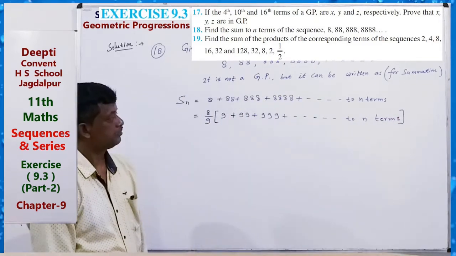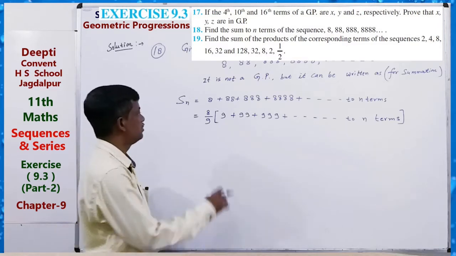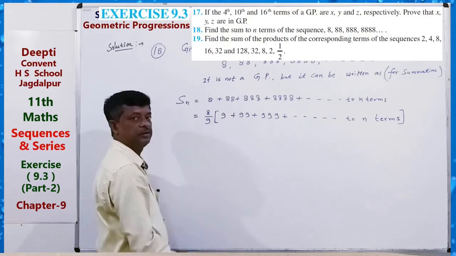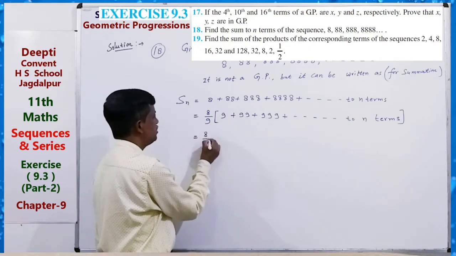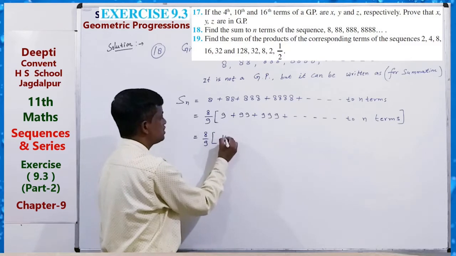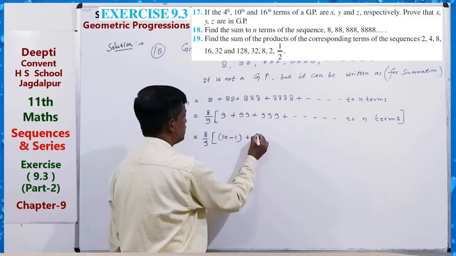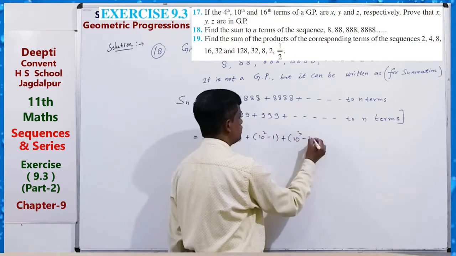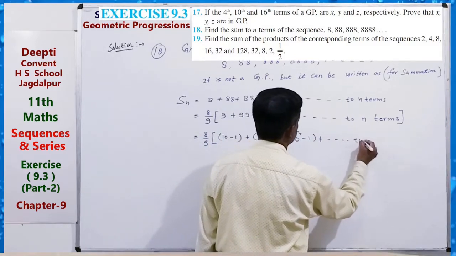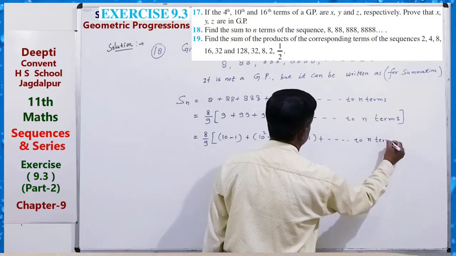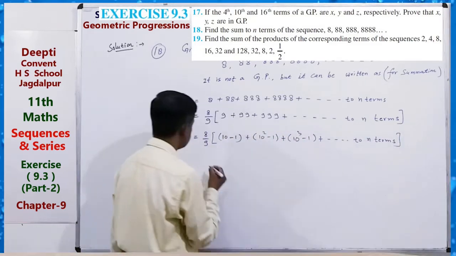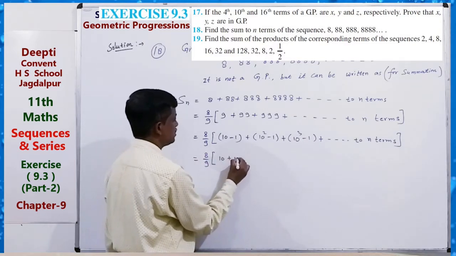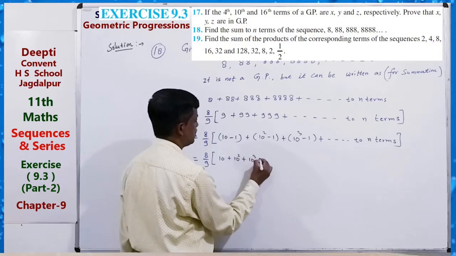Clear? Just multiply 9 to numerator and denominator and take 8 common. So here we can write 8 by 9, 9 means 10 minus 1, plus 10 square minus 1, plus 10 cube minus 1, up to n terms.